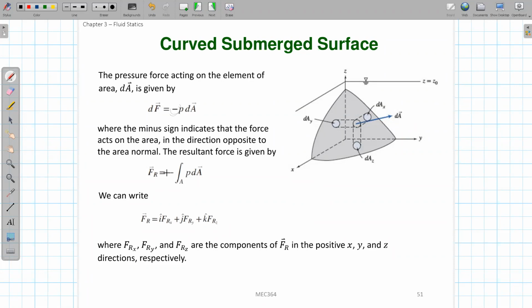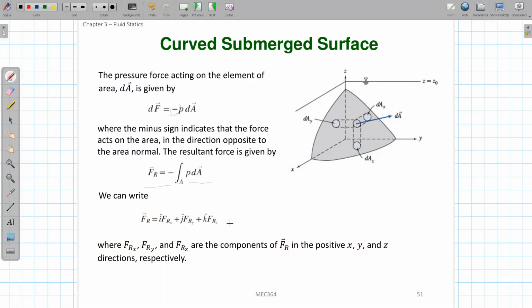Okay, and with this correlation in mind, if we want to calculate the overall resultant pressure force, F of R, which is also a vector, we can try to integrate this element pressure force over the whole surface area, integrate this P times dA over A. If we can calculate this, we can calculate what the FR will be.